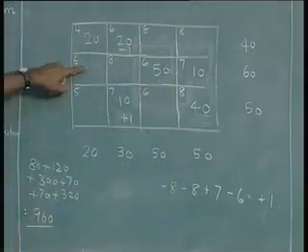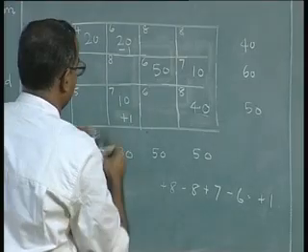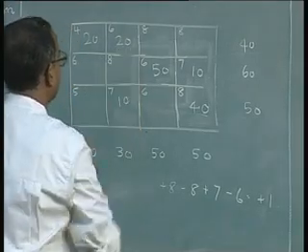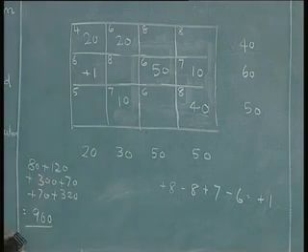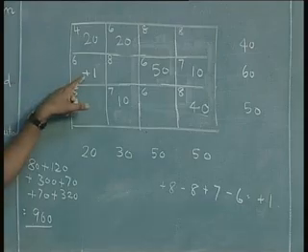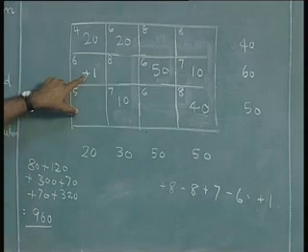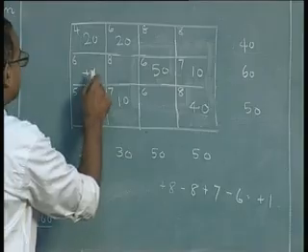Now we look at this position for a possible increase. So we put a plus 1 here. Now we need to identify a loop for this, and let us see how the loop works out.